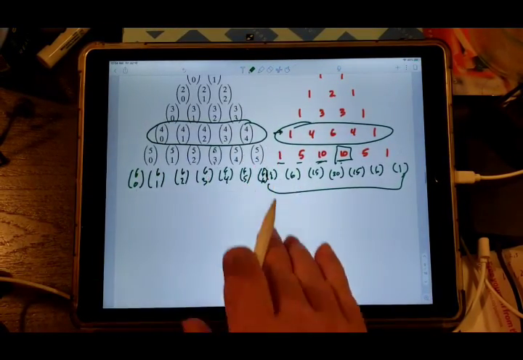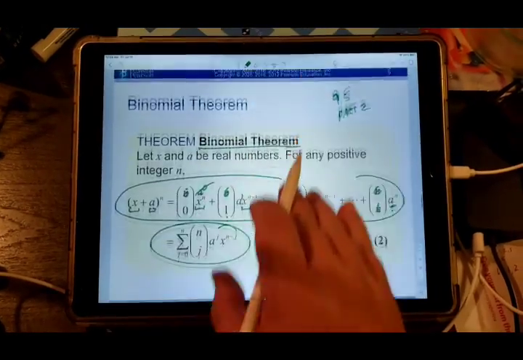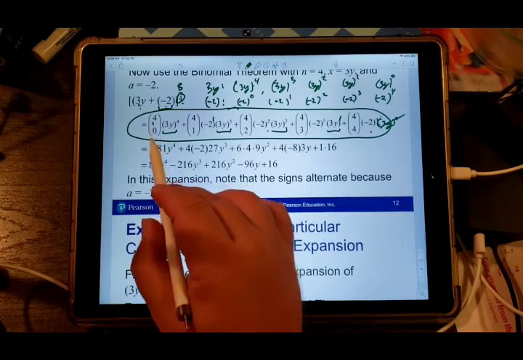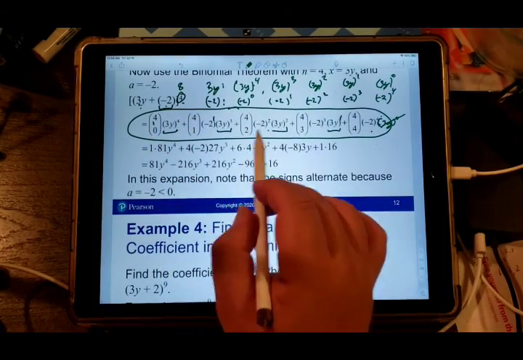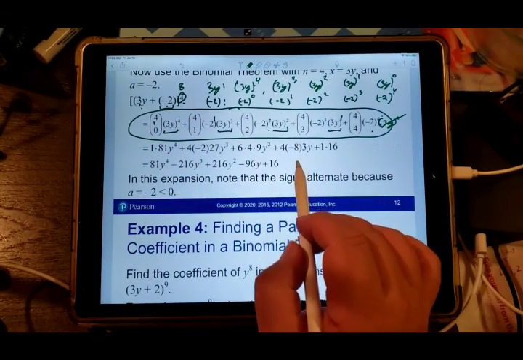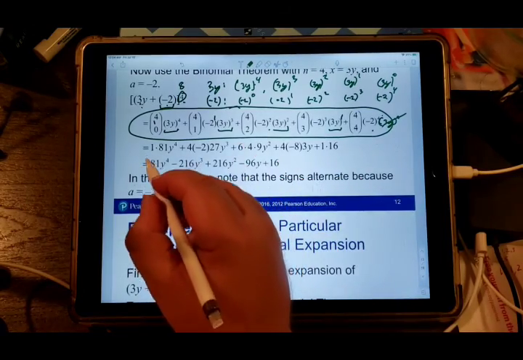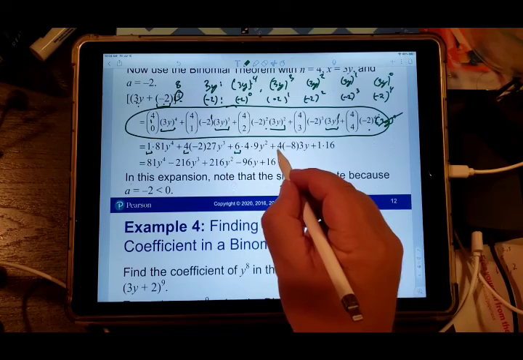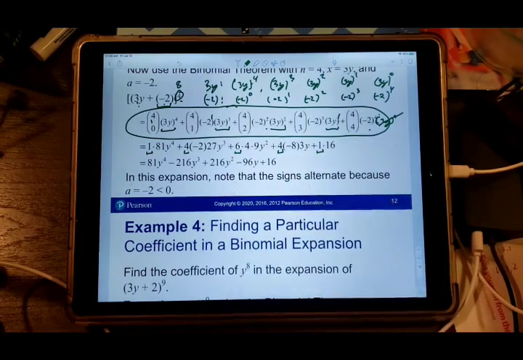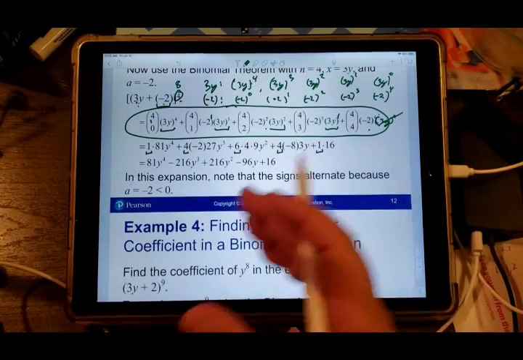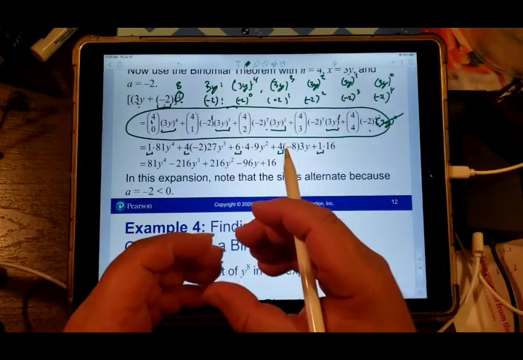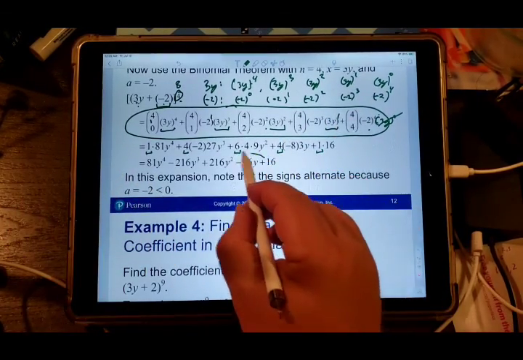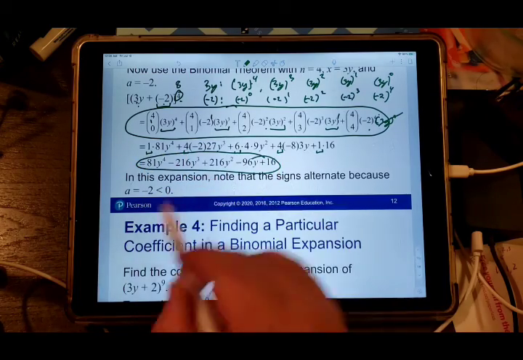So you actually see, at least in this particular expansion, the 4C0, 4C1, 4C2, 4C3, 4C4, but we know those numbers better as 1, 4, 6, 4, 1. So this is just putting all of those patterns together, and you get the results.